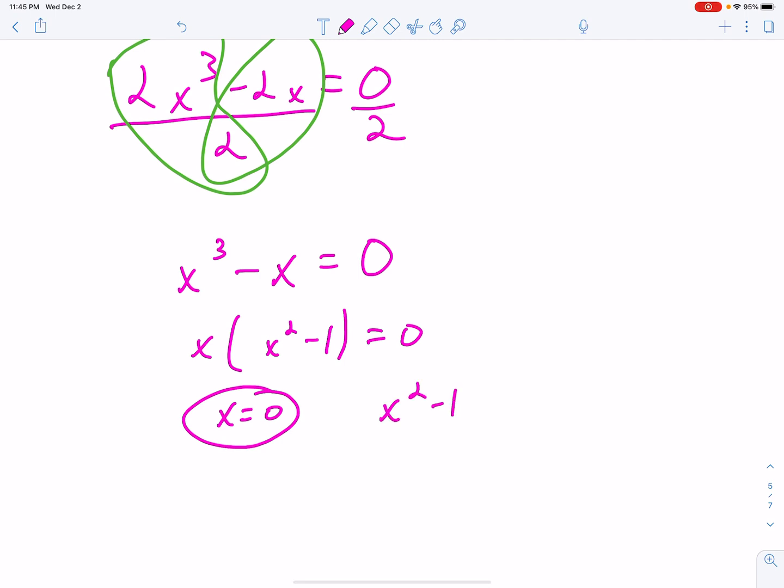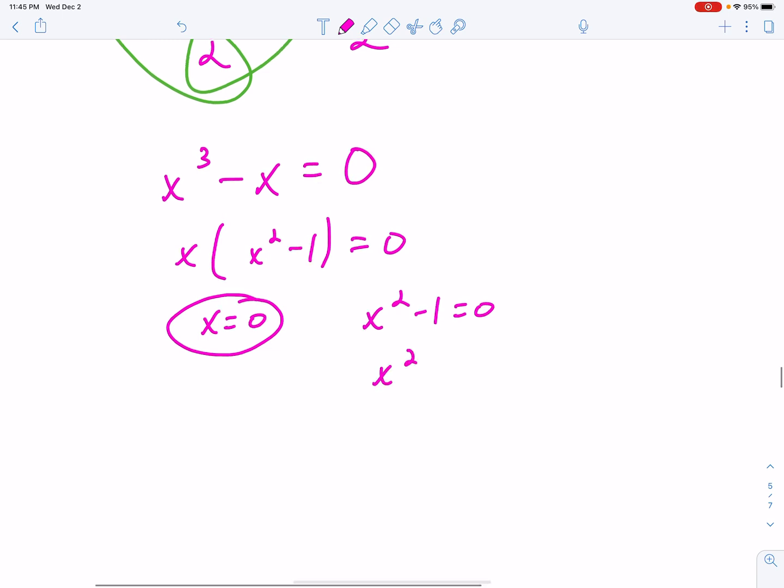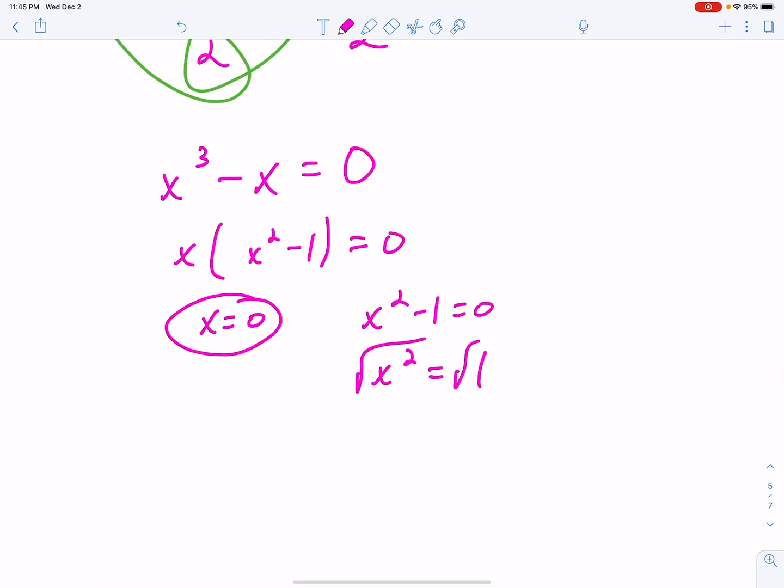Then x squared minus 1 equals 0. All right. And then, let's see, so we'll add 1 to both sides. Then to solve this, to get rid of that square, we need to square root both sides. So square root of x squared is x, but remember, when you square root both sides, you have to do that plus or minus thing. Okay? So plus or minus 1.